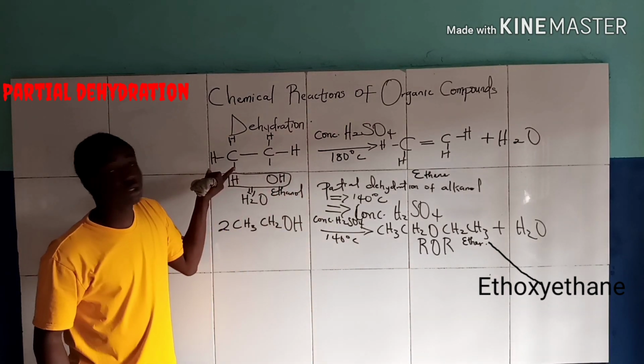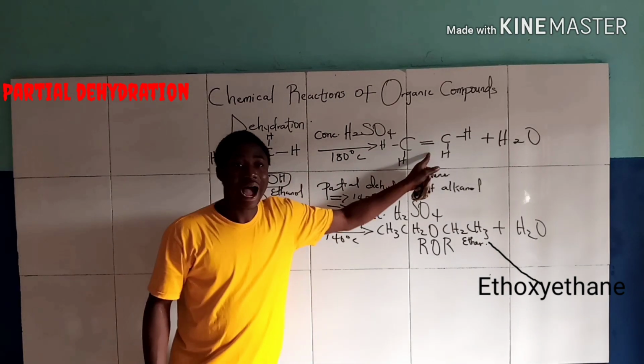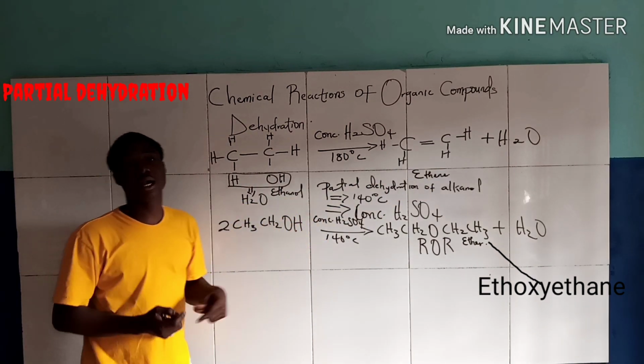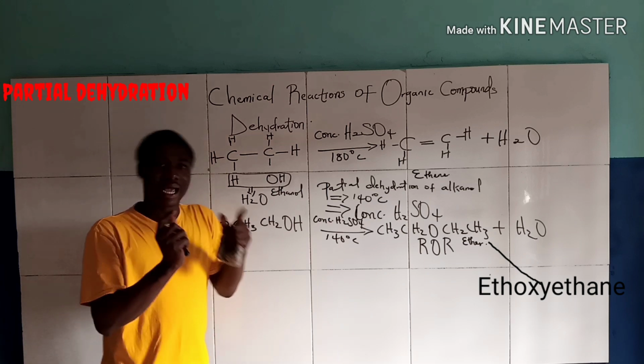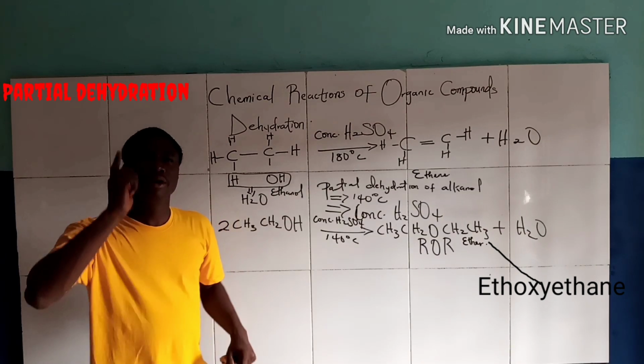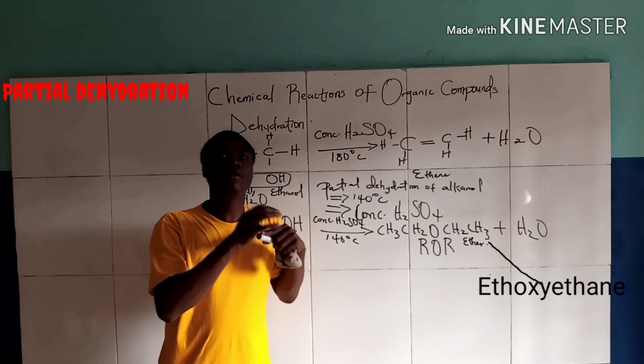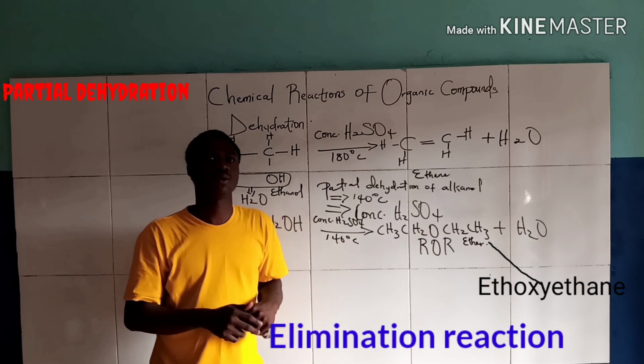For complete dehydration of alkanols, we get alkenes. So these are the reaction mechanisms for dehydration reaction. And remember, dehydration reaction is a form of elimination reaction.